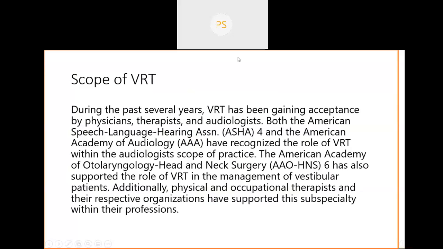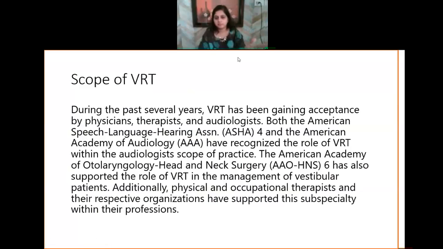Okay, so many years back it was known that only physiotherapists had a role in BPPV, but now even audiologists, even in North America, have recognized the role of vestibular rehab in physiotherapy. I know I've been in India and there is not much development in India for vestibular rehab.